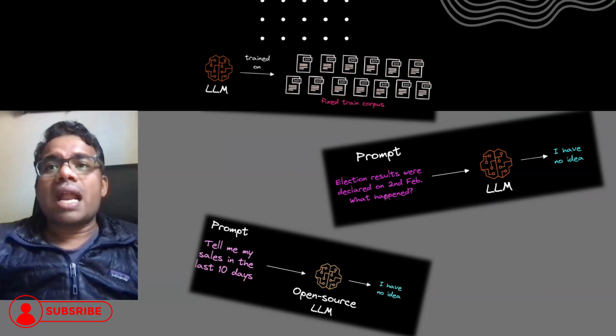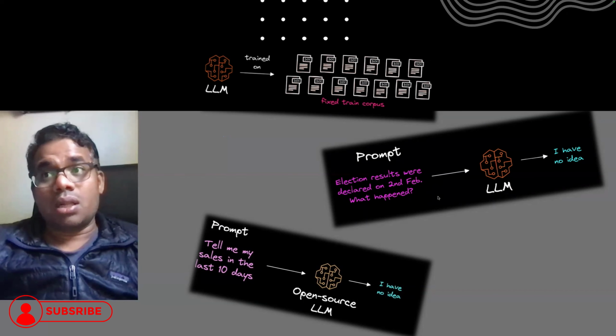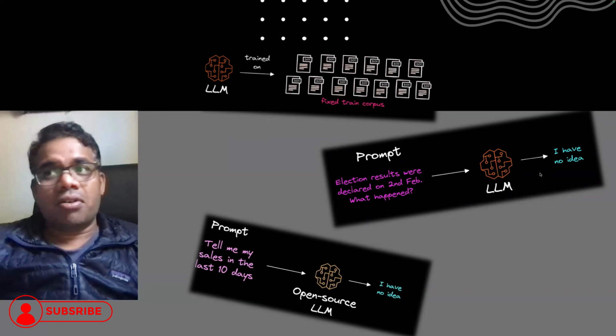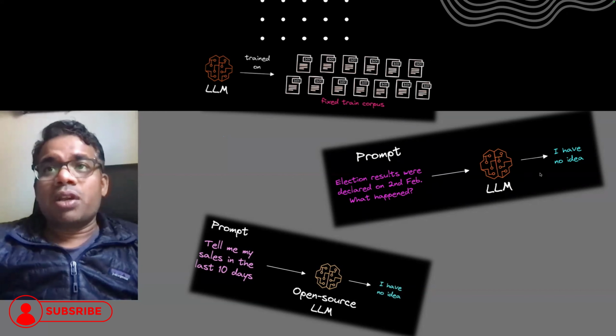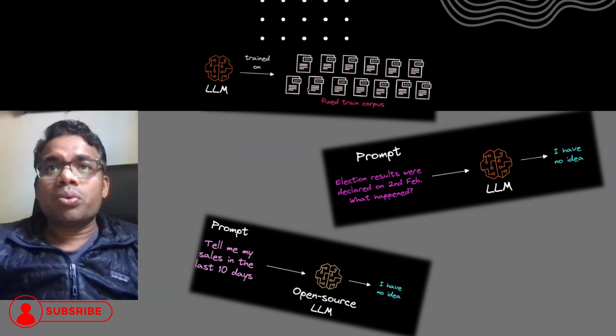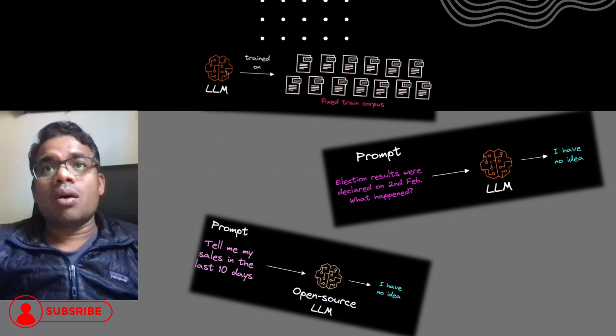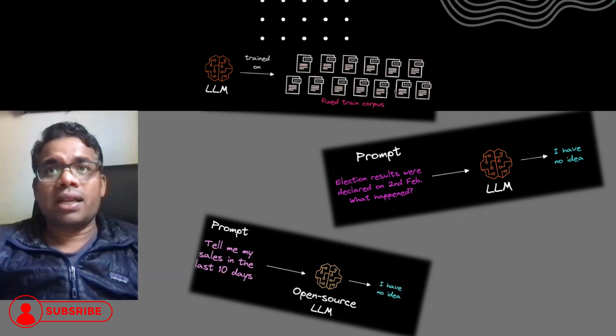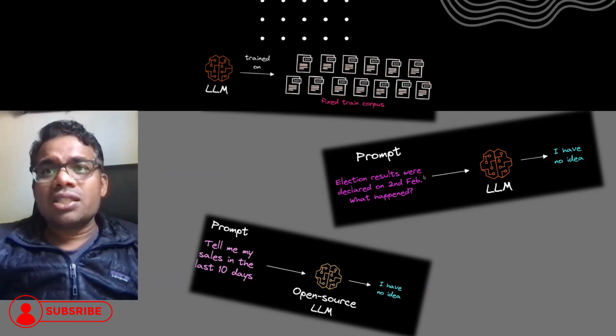Now, if you ask something like, what were the election results declared on 2nd February? The LLM will say, I don't have any idea. Why? Because in all the information provided to the LLM during training, there is nothing related to the election or 2nd February.